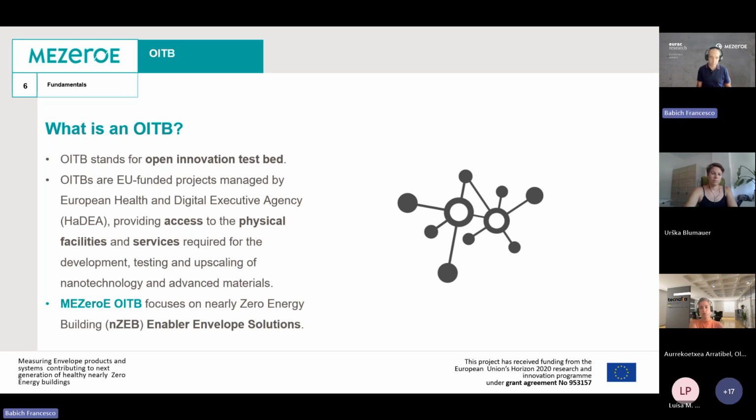In our case, the Open Innovation Testbed, the product is highly performing envelopes that enable to achieve the nearly zero energy building target, or we can even remove the N probably now, so zero energy buildings target.